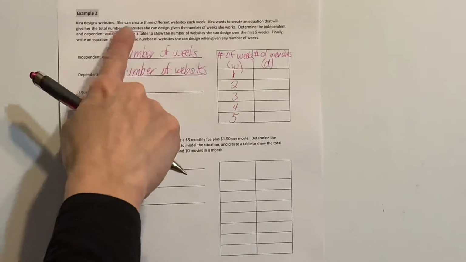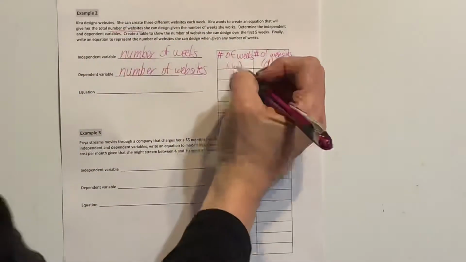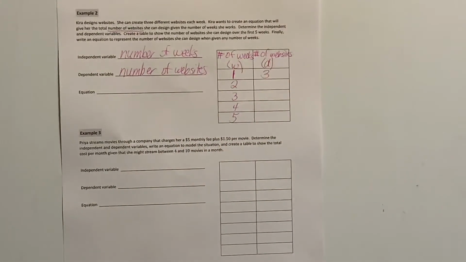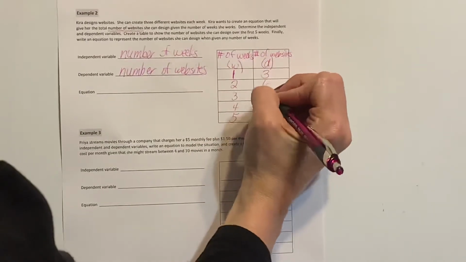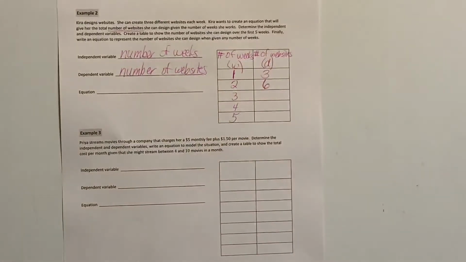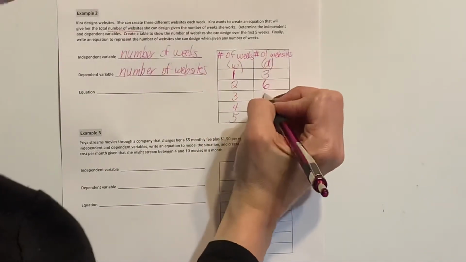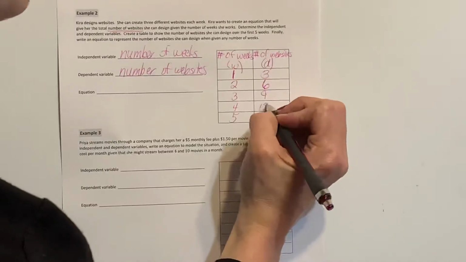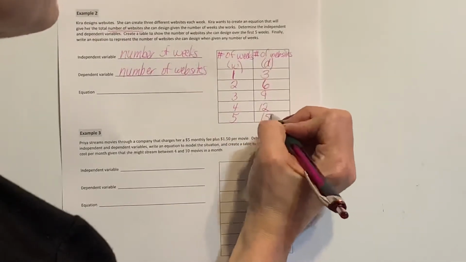Okay, so if she can create 3 websites each week, for week 1, she's got 3. For week 2, she's got 6. I'm noticing a pattern. 3 weeks would be 9, 4 weeks would be 12, and 5 weeks would be 15.